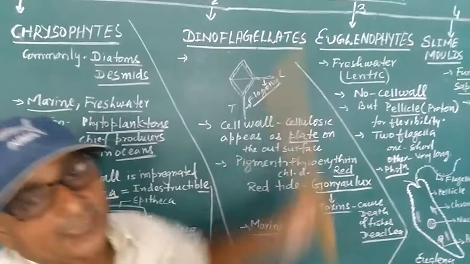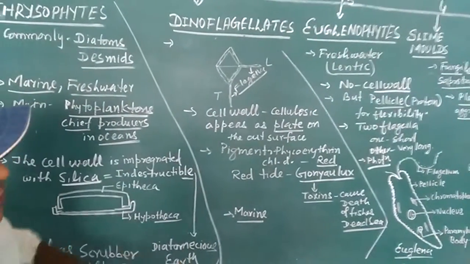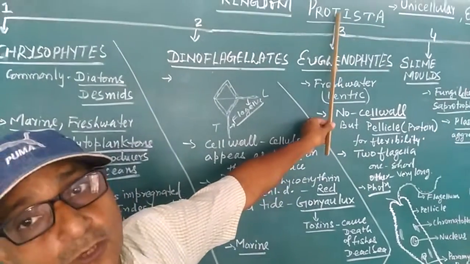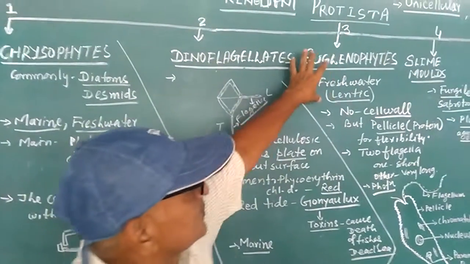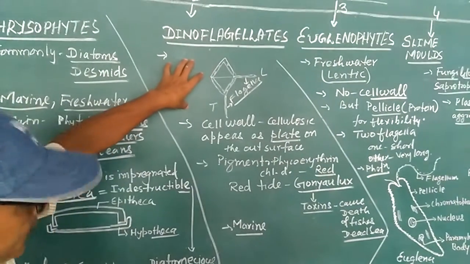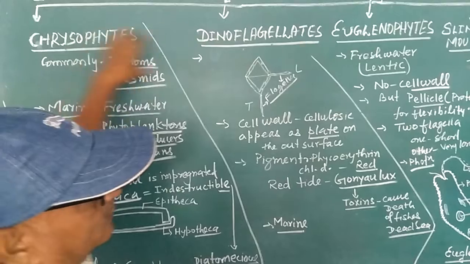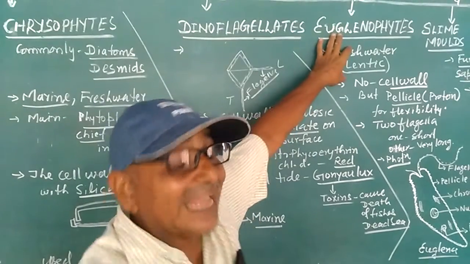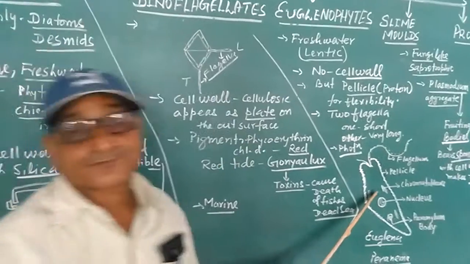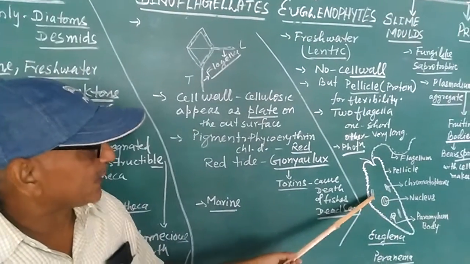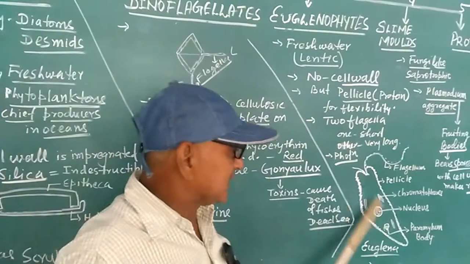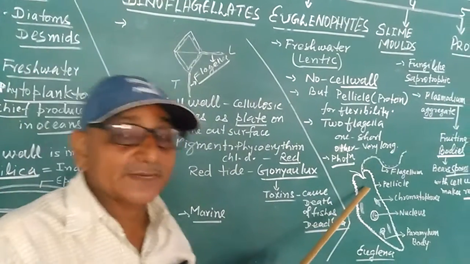Third is Euglenophyta. They are mixotrophic, meaning they can also photosynthesize. They are autotrophic as well as heterotrophic. Since they have photosynthetic chromatophores bearing chloroplast and chlorophyll, they are able to synthesize food in the presence of light.